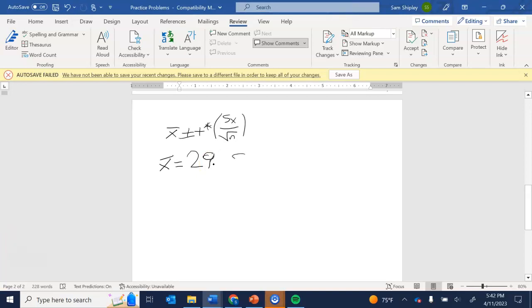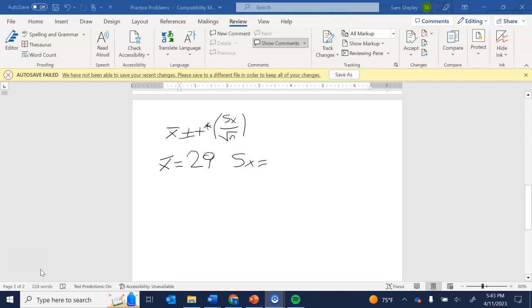Now to find Sx, you're going to look for Sx in your calculator. You're going to hit the stat button, then hit edit, hit enter on edit, and then in L1, enter the data that was given to you. Those 10 numbers, enter those in L1.